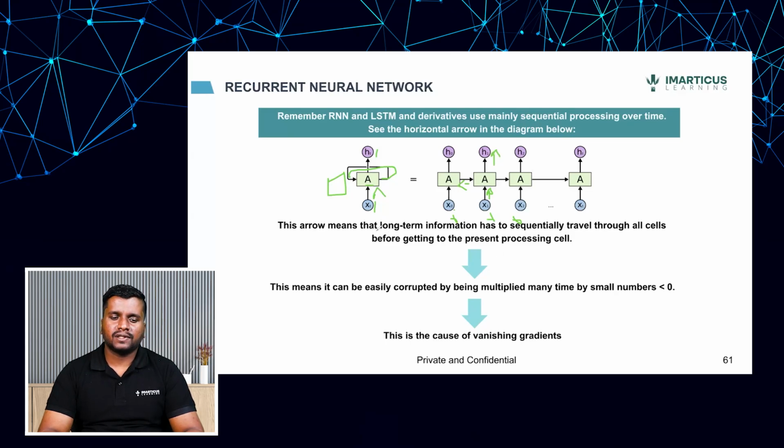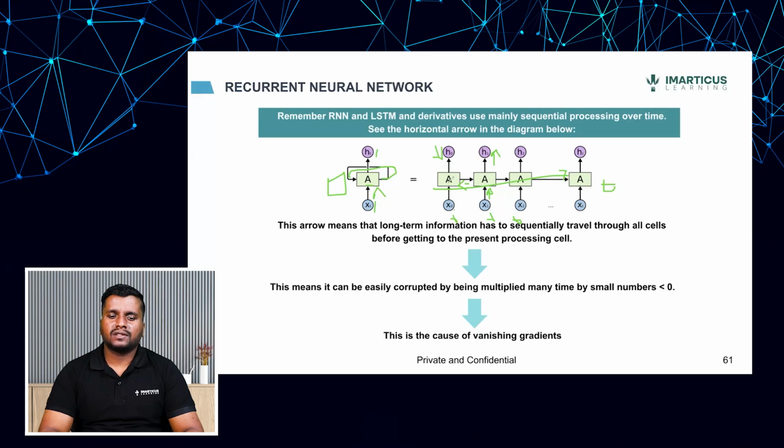That is why RNN is a model which can be used for sequential data. So the arrow basically means that long-term information has to travel sequentially through all the cells before getting to the present processing cell. So long-term information has to pass through a long chain, and it is sequentially getting vanished. The output of the first neuron, the first row observation, is not necessarily going to be there at the last step.